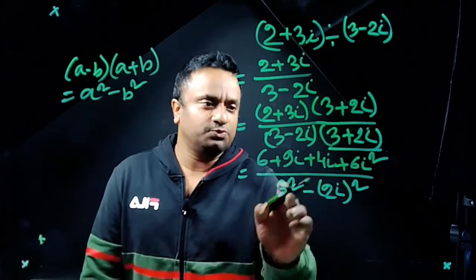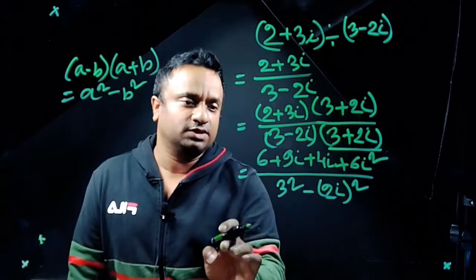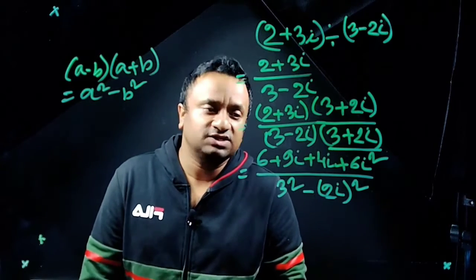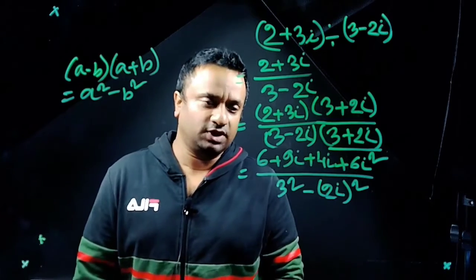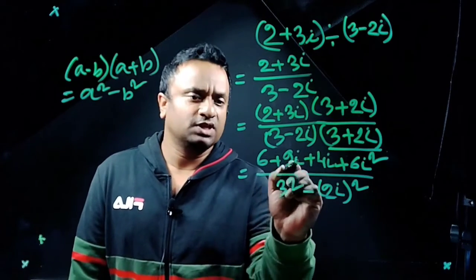So you see, we have found a couple of i square. So whenever we find i square in complex numbers, we will put negative 1 instead of i square. Okay, so don't forget.